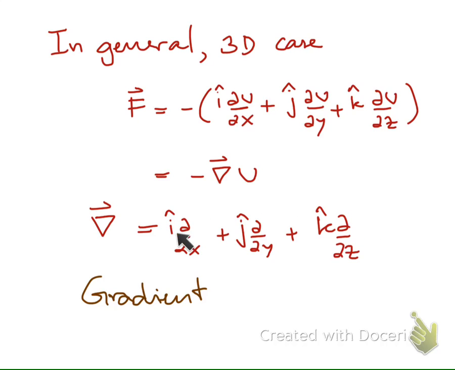That is, if you apply this operator to the function U, it means that you apply this derivative to U, this derivative to U, and this derivative to U, and get this expression. And that is the relation between the conservative force and the potential energy in the general 3D case.